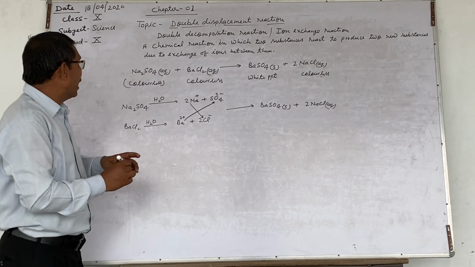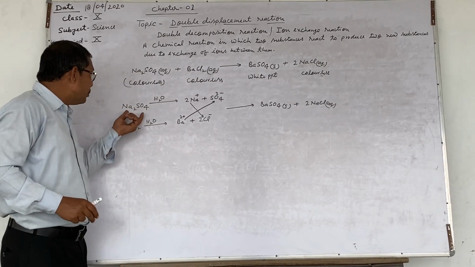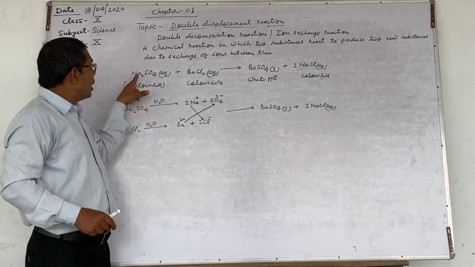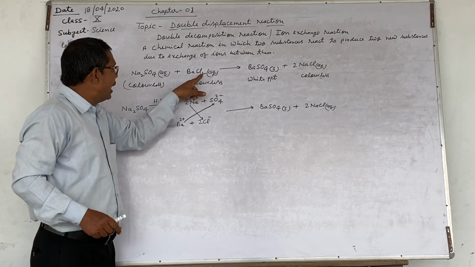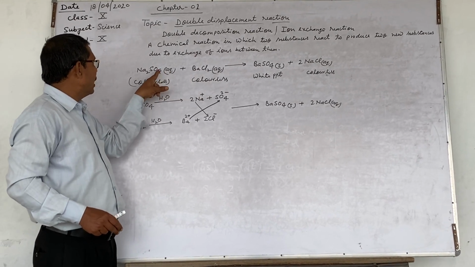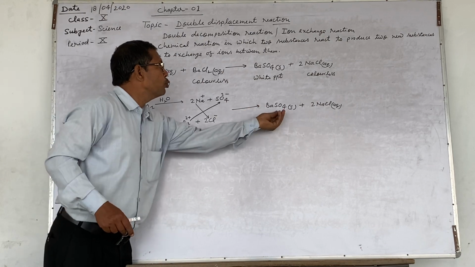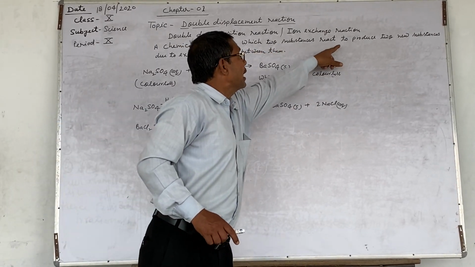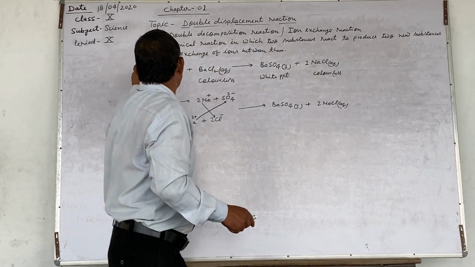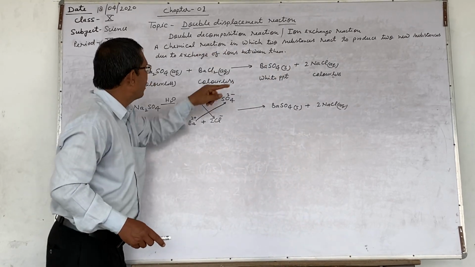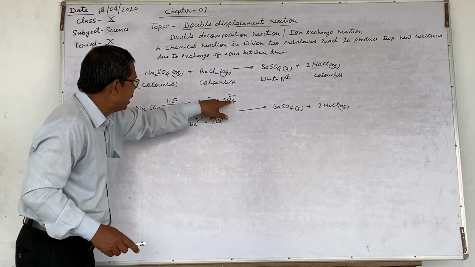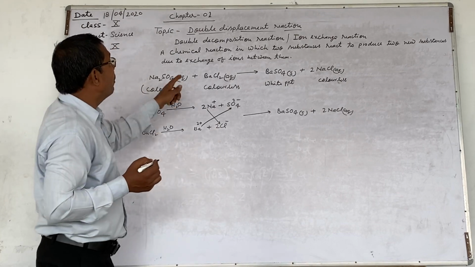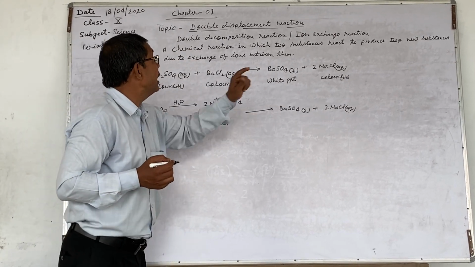So you see here, out of these two reacting substances, sodium ion combines with chloride ion, whereas barium ion combines with sulfate ion to produce two new substances. A chemical reaction in which two substances react to produce two new substances due to exchange of ions between them. So this is called double displacement or ion exchange reaction.